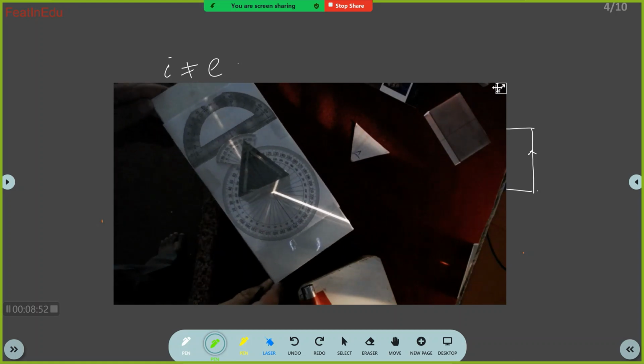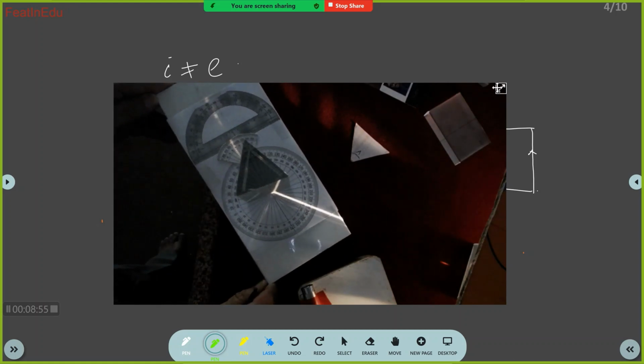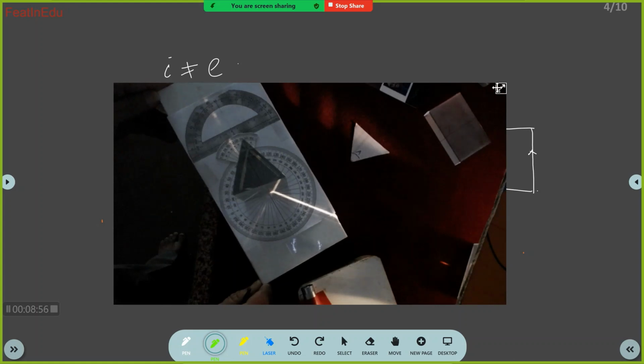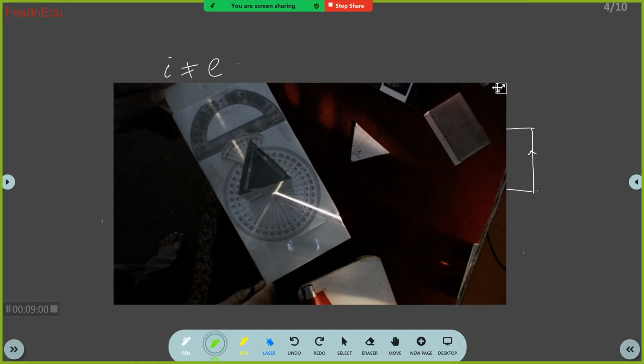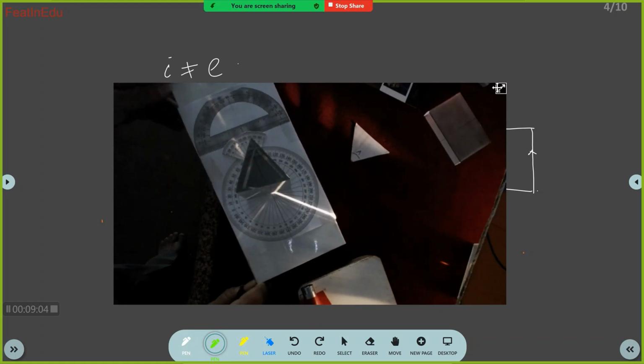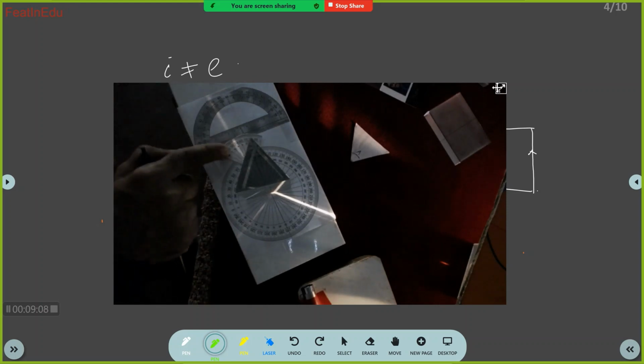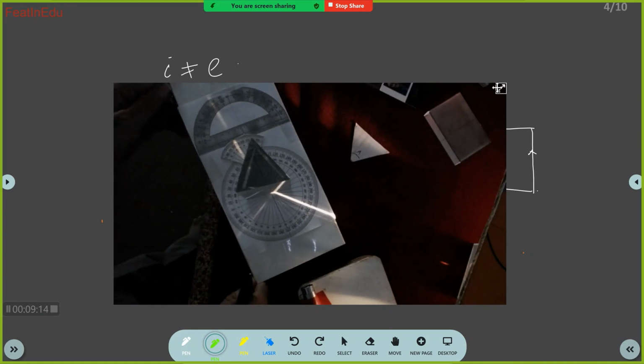Now you see, I am changing the angle of incidence. There is something which all of you, let me see whether you can observe. I am increasing the angle of incidence. Look at the angle of refraction. You can watch out for the emergent angle.